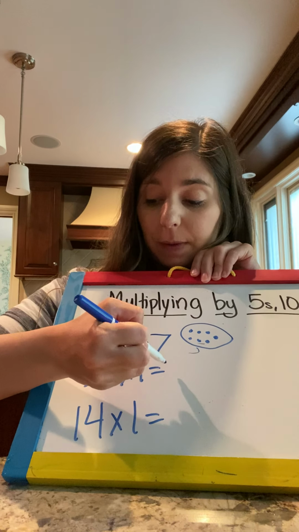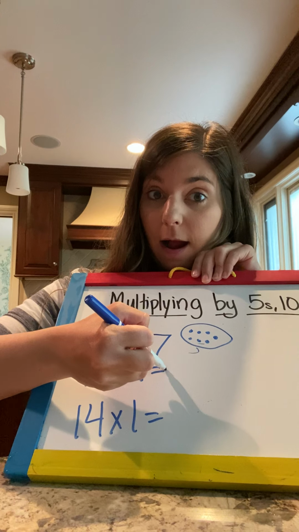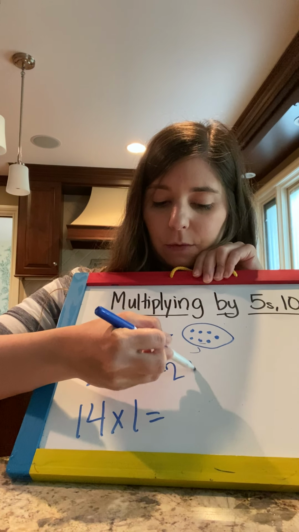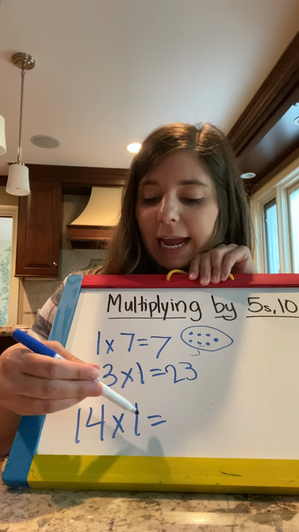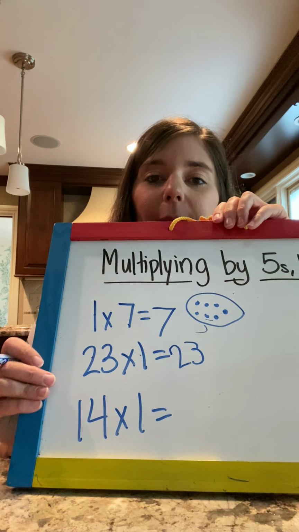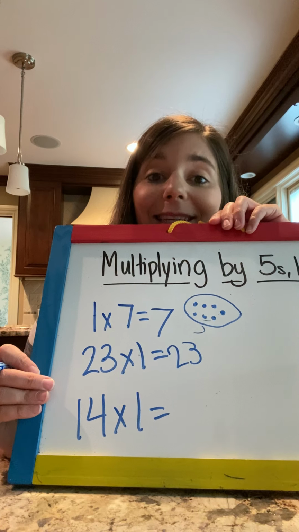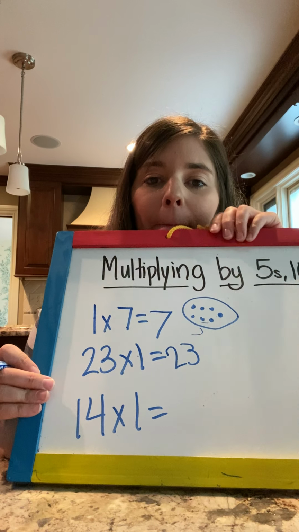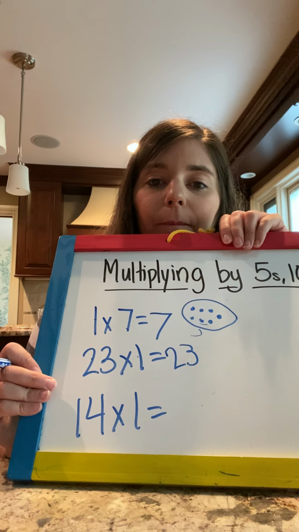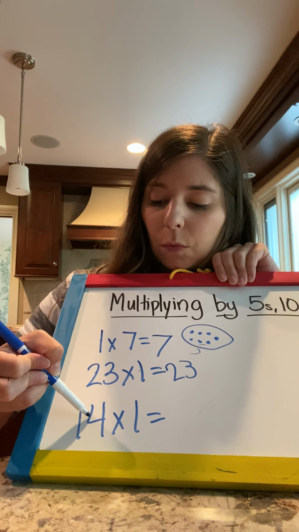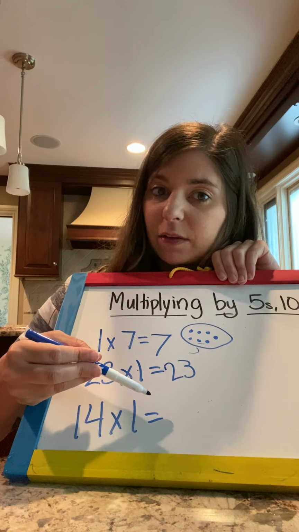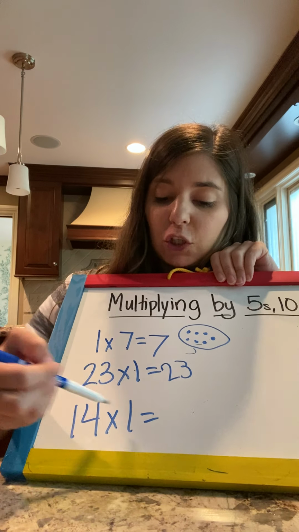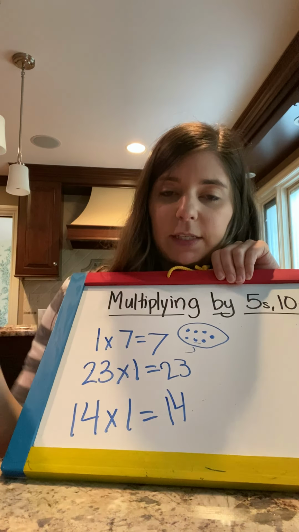That would just still be, right, 23. 14 times 1 is your third problem here. 14 times 1. Right, one group of 14 or 14 groups of 1 is just still 14.